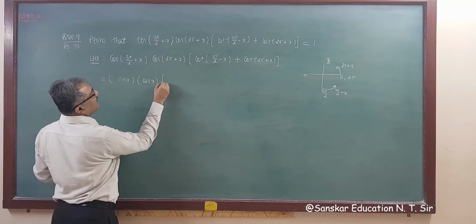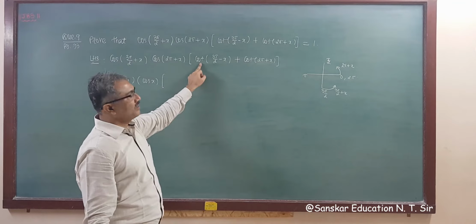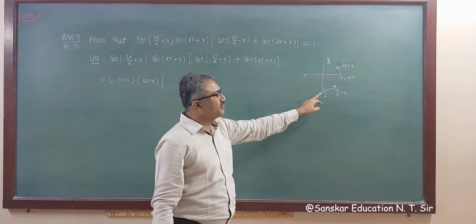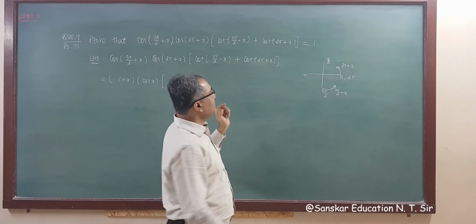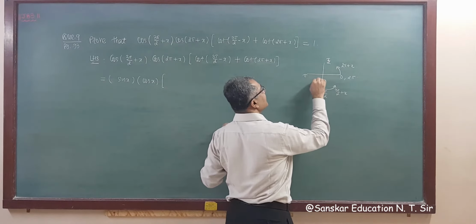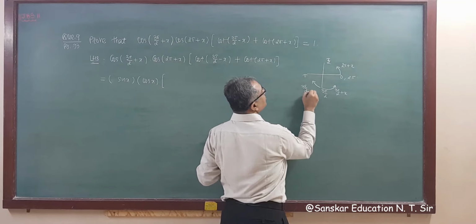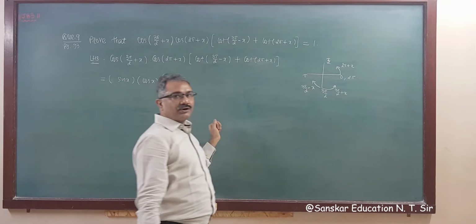Then cot(3π/2 − x). 3π/2 is here, minus means we have to go in the clockwise direction, so this is 3π/2 minus x, in the third quadrant.